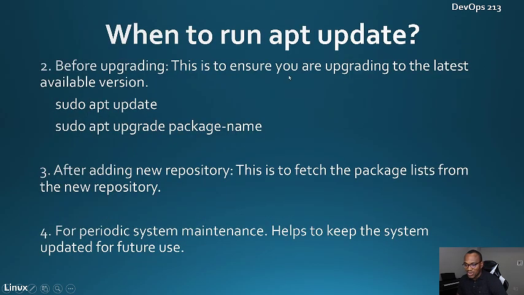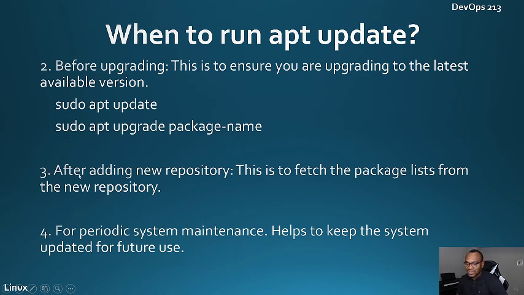Another situation where you should run apt update is before upgrading. If you want to upgrade to a newer version, you need to run apt update, so as to ensure you are upgrading to the latest version that is available. So you run sudo apt update and you run sudo apt upgrade with the package name.